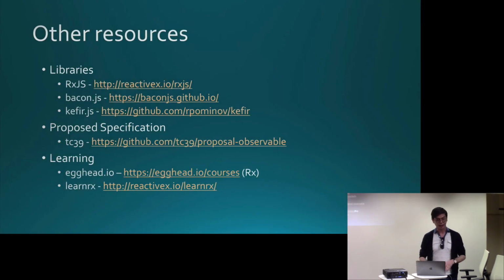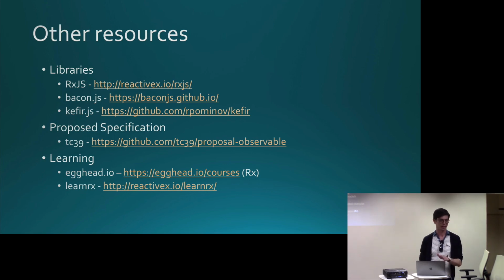So I highly recommend both of these sites, by the way. We made all these guys go through them. Egghead.io has a lot of really great courses. And then LearnRx is one written by someone who has contributed to RxJS 5. It's Jafar Hussain, a really smart guy over at Netflix. He was spearheading this very early.